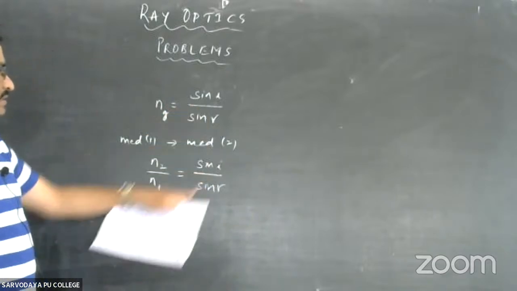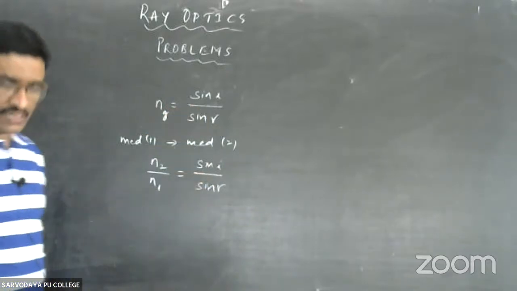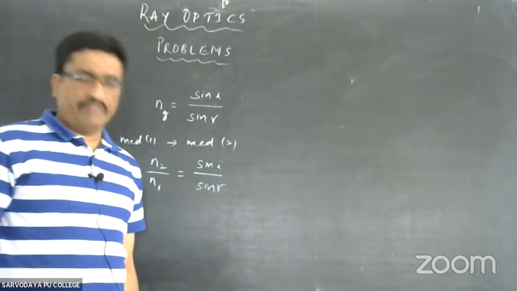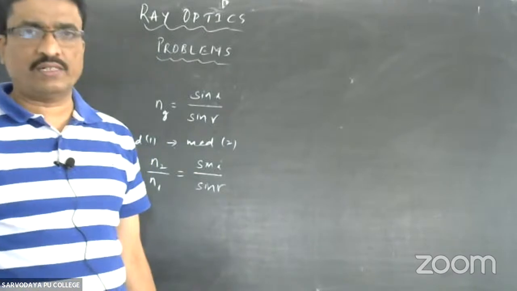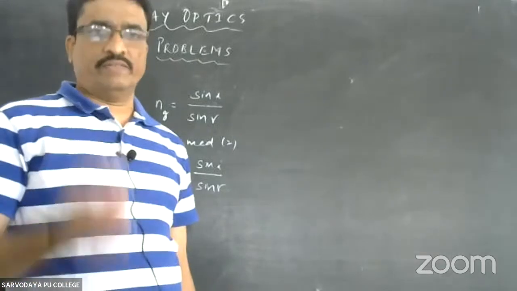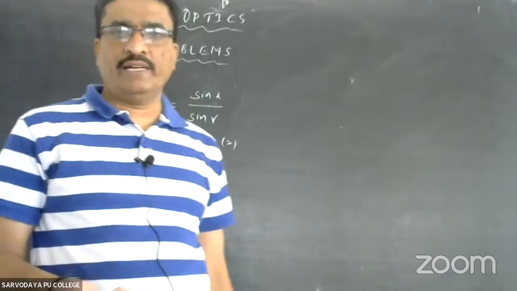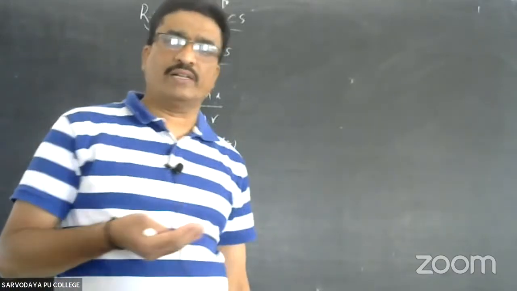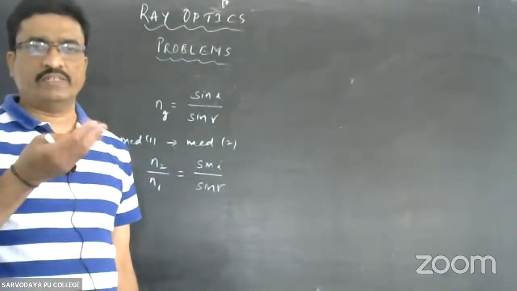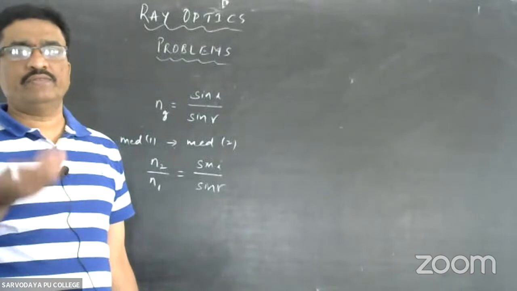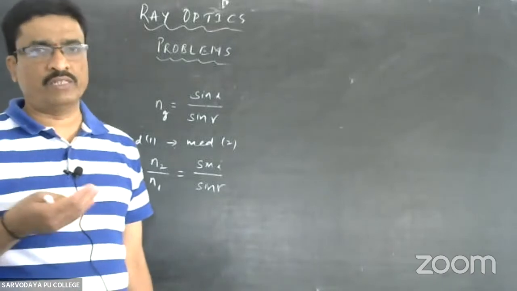After considering the formula related to Snell's law, basically in the textbook they have discussed the normal shift. That is, whenever an object is placed in one optical medium, if it is observed from another optical medium, there will be an apparent shift. The apparent shift that is produced is what we call the normal shift.